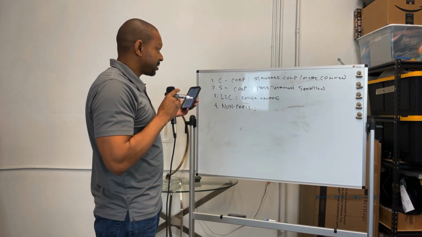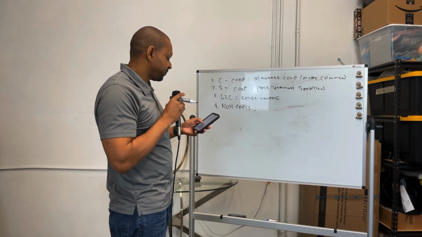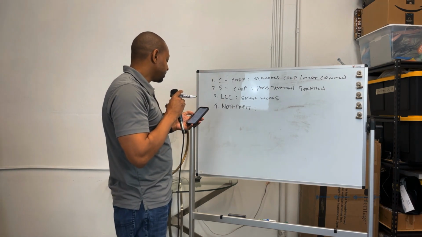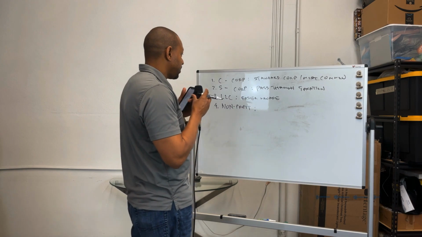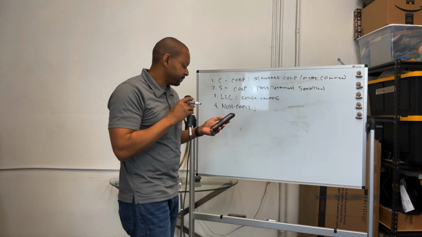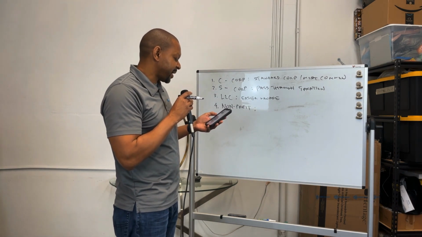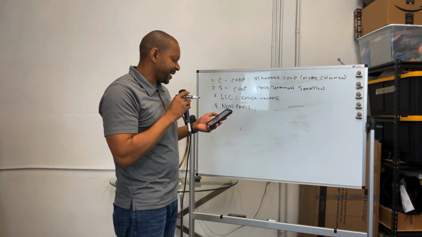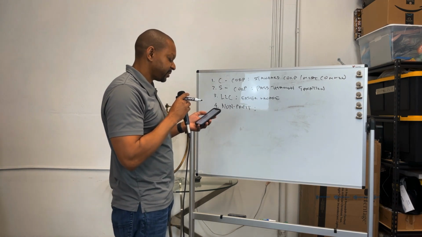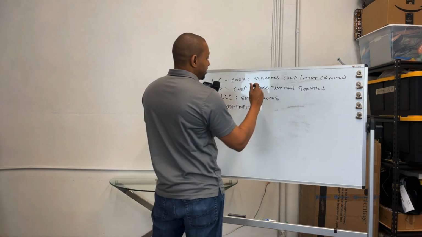So let's talk about some of the tax considerations for these corporations. Let's start with C. A C corp is subject to double taxation, where profits are taxed at the corporate level and again as dividends to shareholders, which might impact your net profit. So C corp is double taxation.